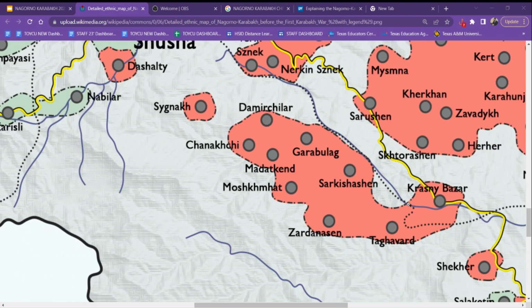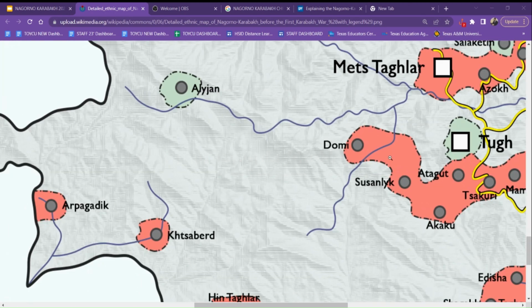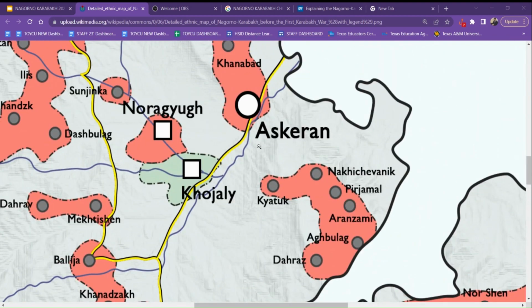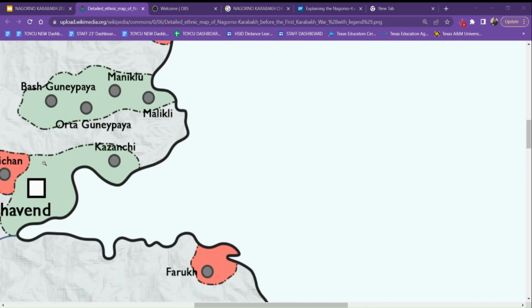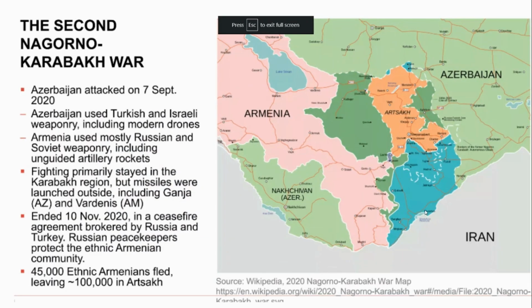So in the southern part of Karabakh, you can see a lot of Armenian and Azeri population. Askeran is Armenian population. Faruk village is Armenian population, and you can see Hocavan territories are mostly Azeri population.